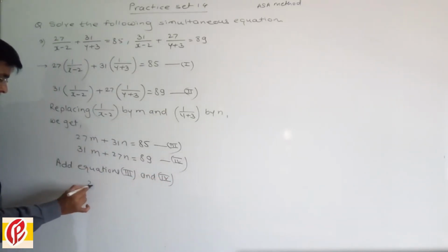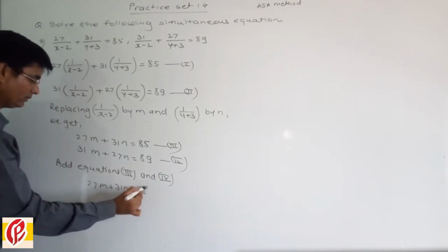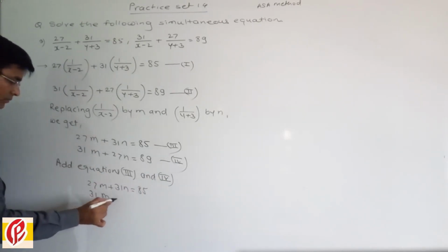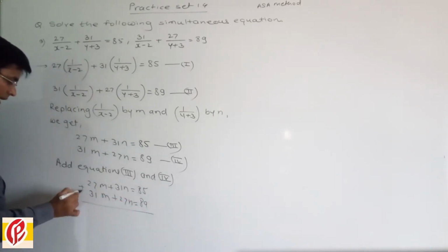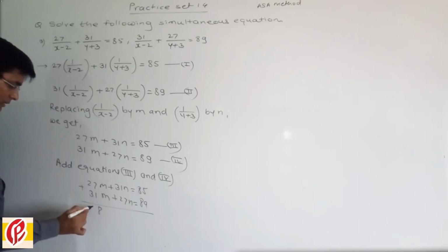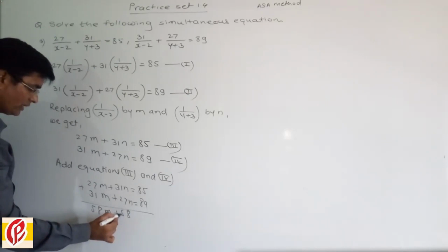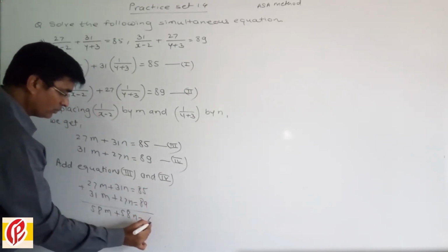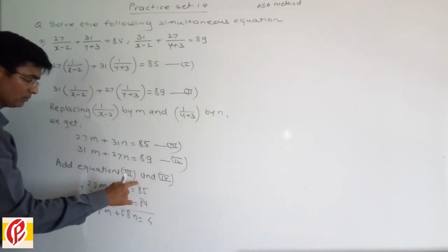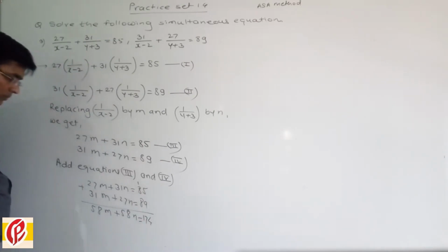So 27m plus 31n is equal to 85. Then 31m plus 27n is equal to 89. So we add them, 7 plus 1, 8. It is 58m plus 58n, and 9 plus 5 is 14, carry over 1, 8 plus 8 is 16 plus 1 is 17, so 174.